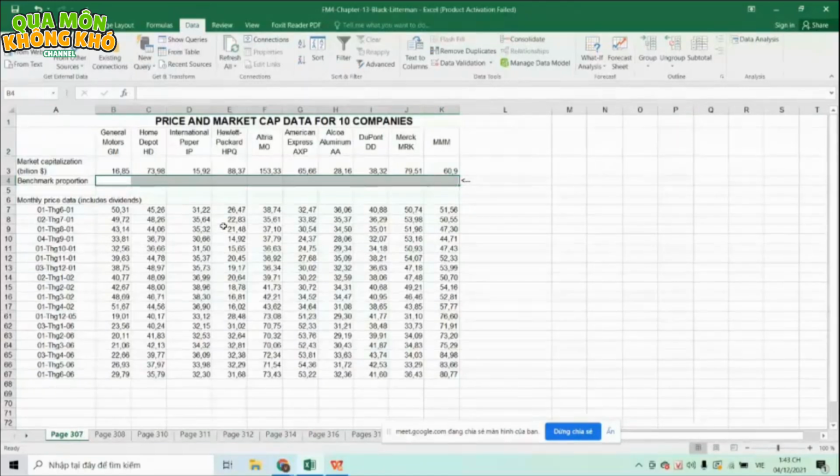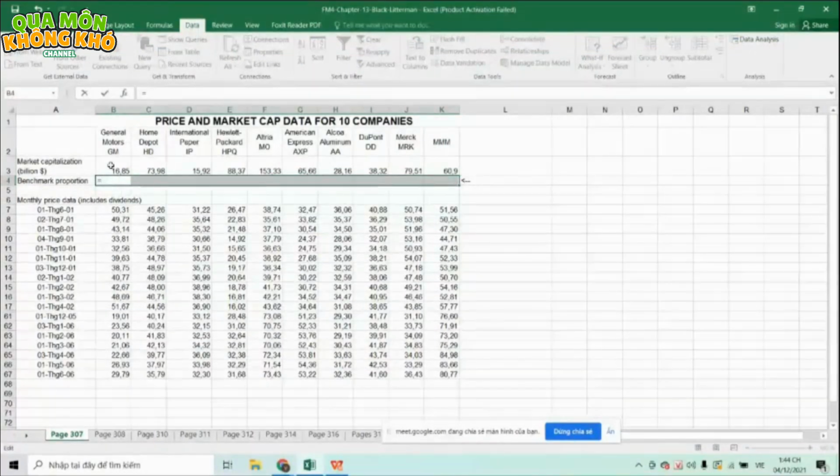So first, here is the data that we have. Now first we will calculate the benchmark proportions. This is just an easy formula. You would take this and then divide it by the whole capitalization.